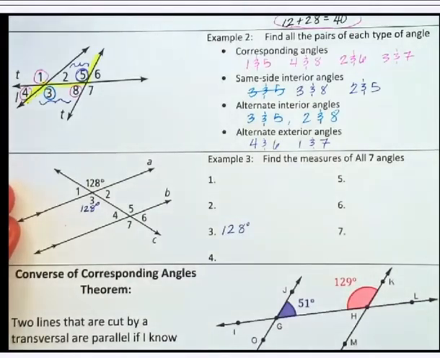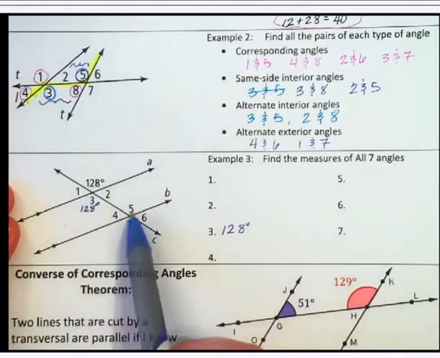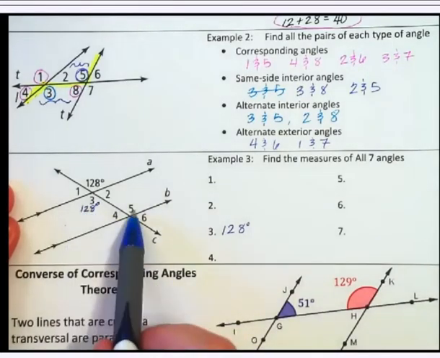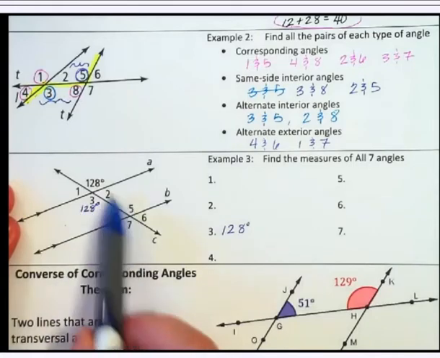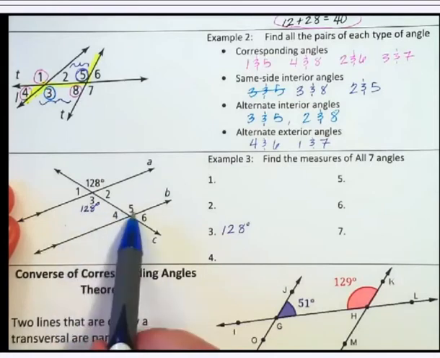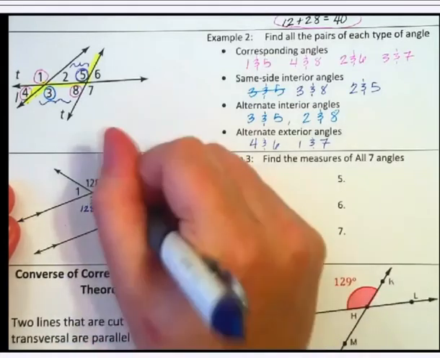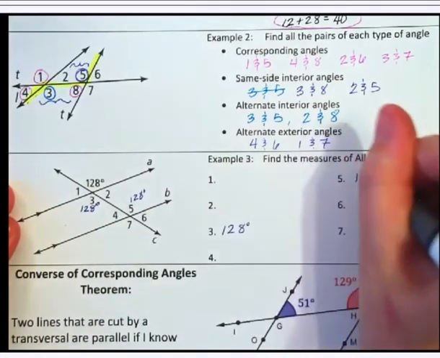Okay. And now angle 5 is an alternate interior angle. It's on the opposite side of the transversal, but still inside the parallel lines. So angle 3 and angle 5 are congruent. 128. Okay.